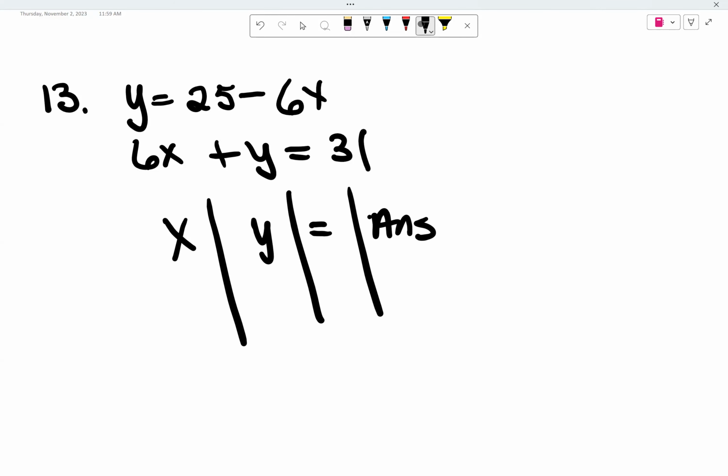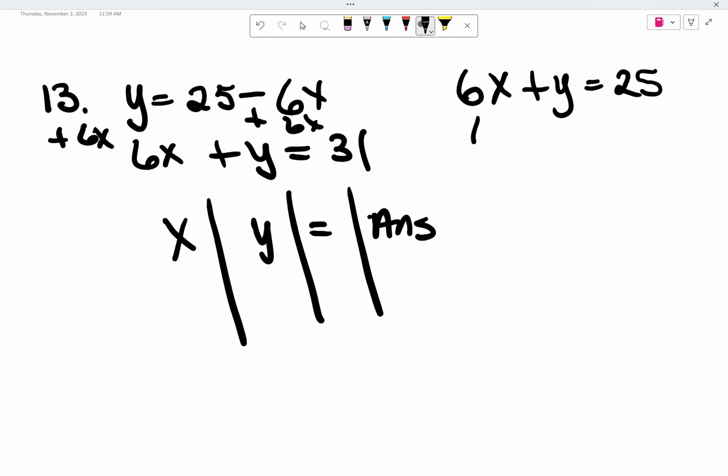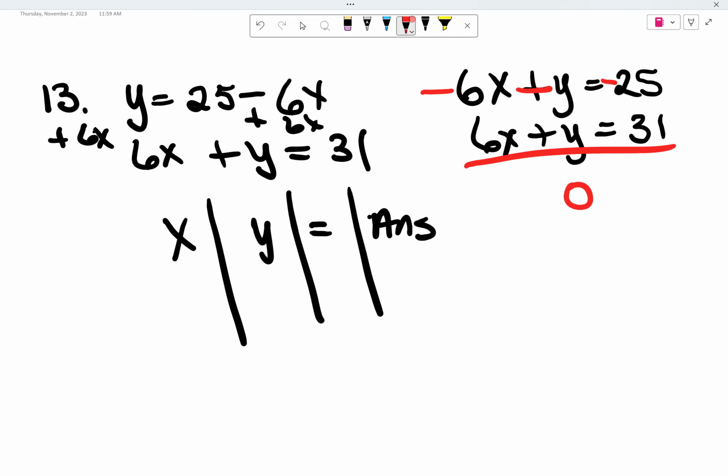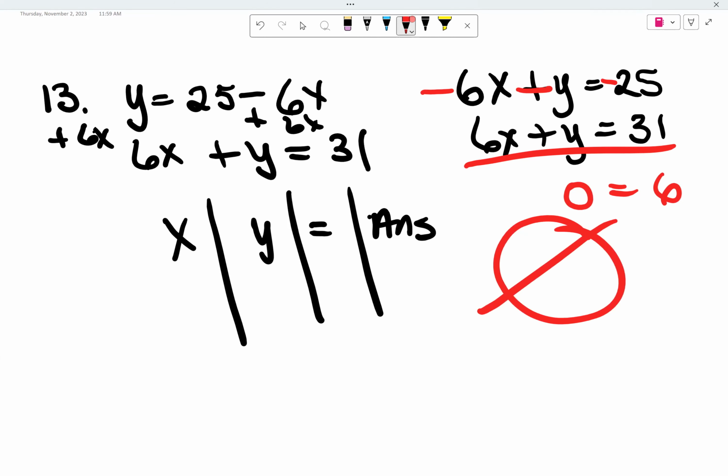So in our case, we have to add the 6x over here and bring it to this side. So you end up with 6x plus y equals 25 and 6x plus y equals 31. And if I were to subtract one of the lines, you notice you end up with 0 equals some number. Not possible ever. Null set.